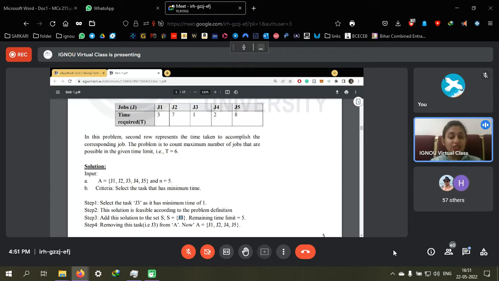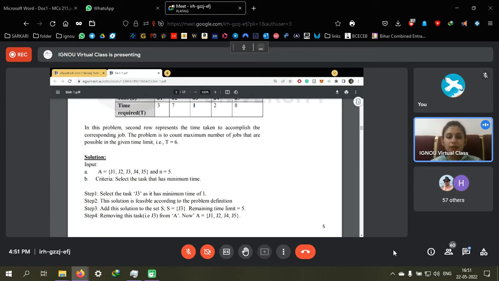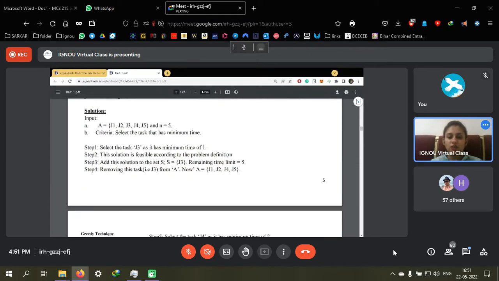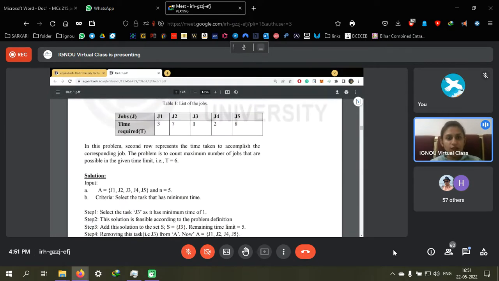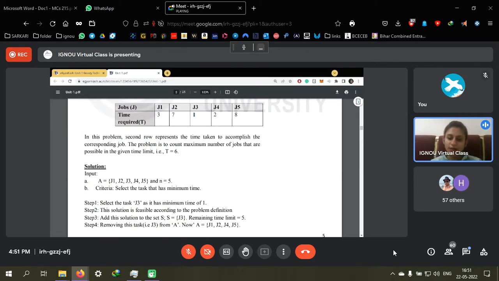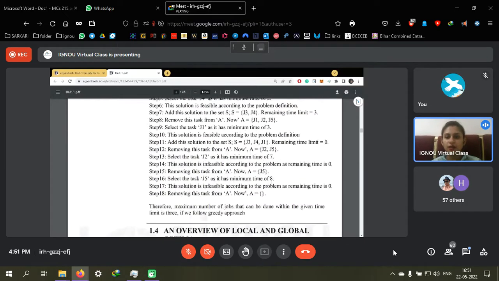Because J3 takes a very small amount of time, that's why we consider J3 here. Now the remaining jobs are J1, J2, J4 and J5. Again, the one taking the minimum time is J4, so we consider J4 here. Now the remaining time limit is 5 minus 2, because J4 is taking time 2. Now we have 3. So again the minimum is J1 with 3. Now my time is complete. I cannot take any other job. So the set is J3, J4 and J1.